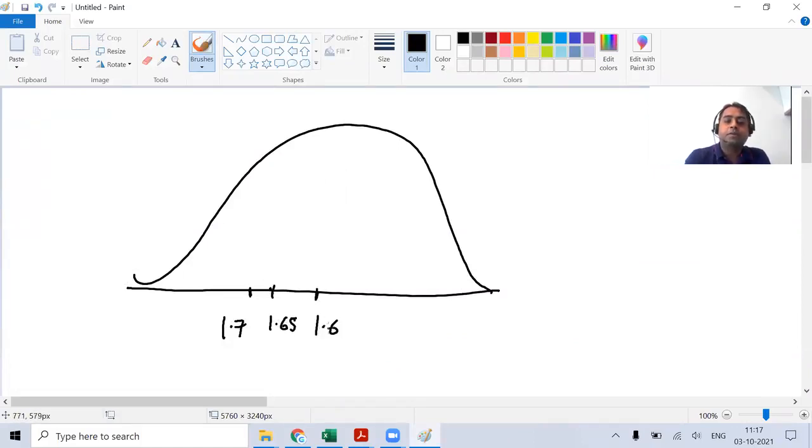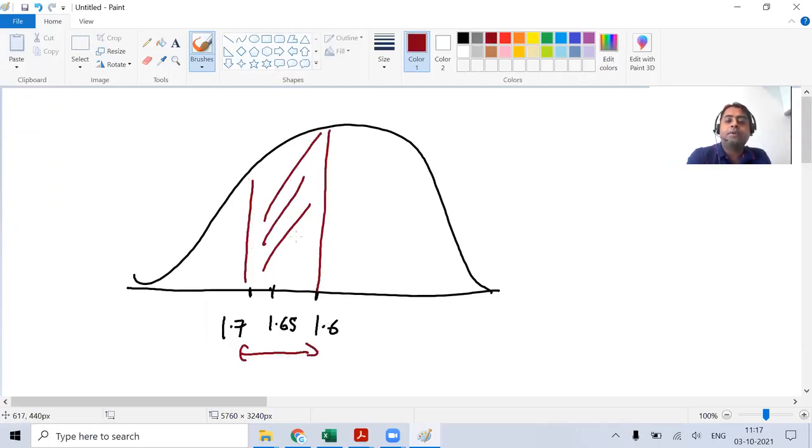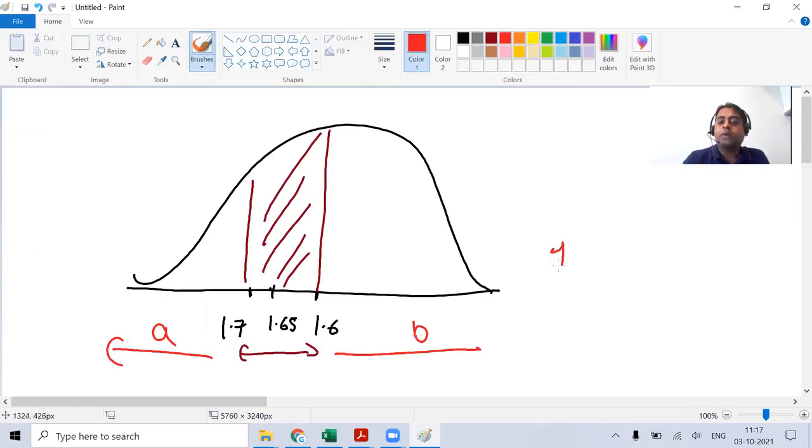What I want to find is this gap, the probability between this gap or between this bin. One of the ways I can do it is I can find this area, let me call it A, and this area, which is B. If I take 1 minus A minus B, this should give me this percentage. Is everybody okay with this part? And this is what they have done.